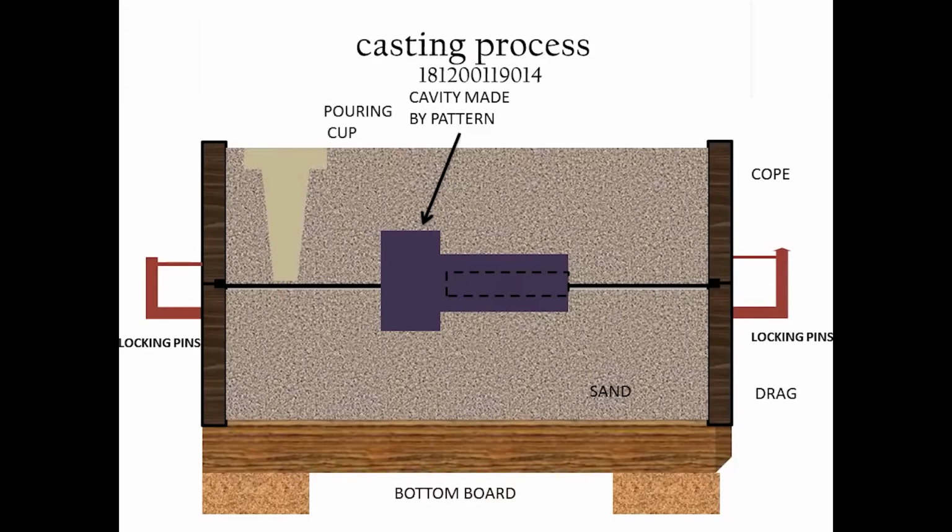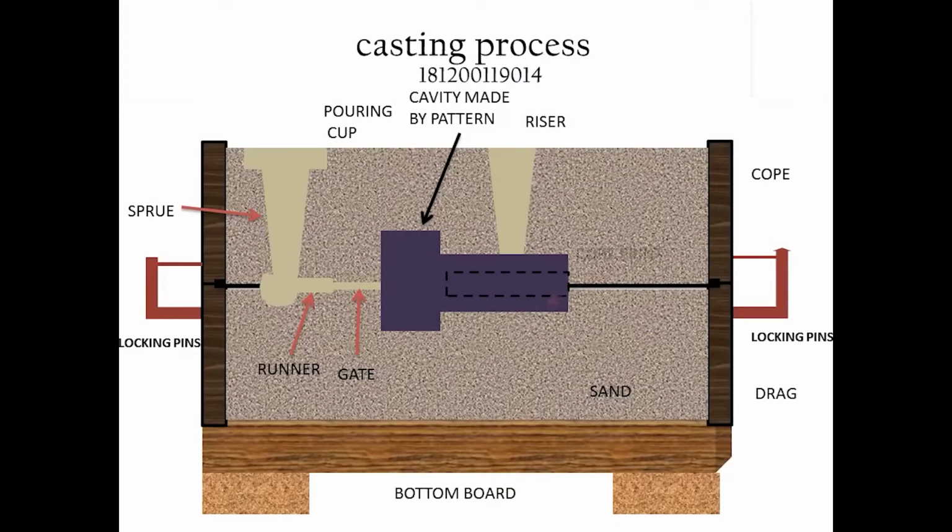There is a pouring cup for pouring molten metal in it. Sprue, runner and gate arrangement is for flowing of molten metal. There is a riser which is used for two purposes. It will show whether the cavity is full or not, and also compensates for the metal when the metal, that is the product, is solidified.